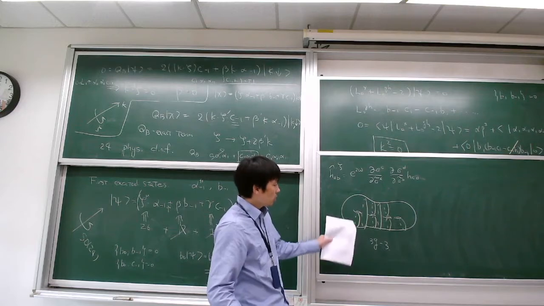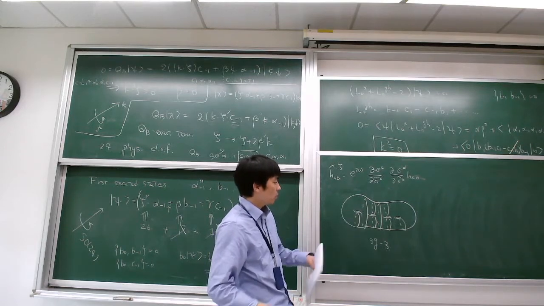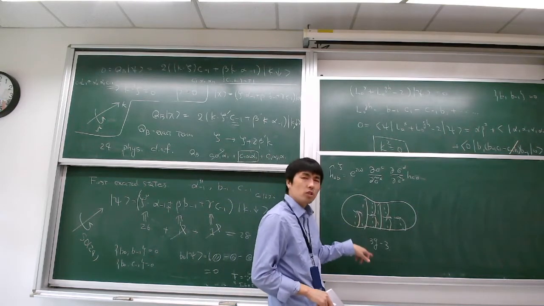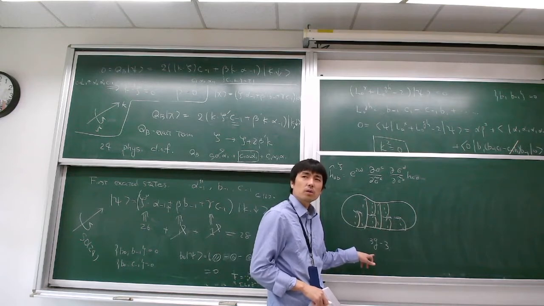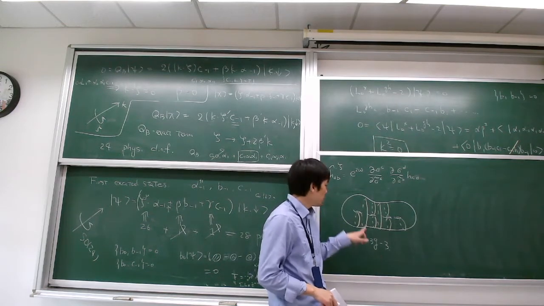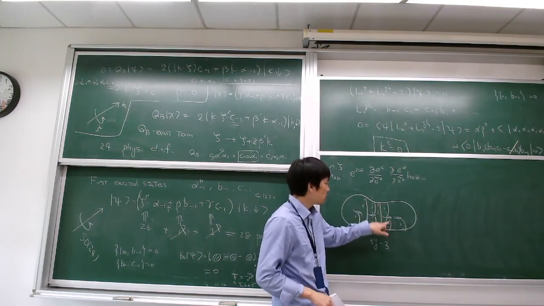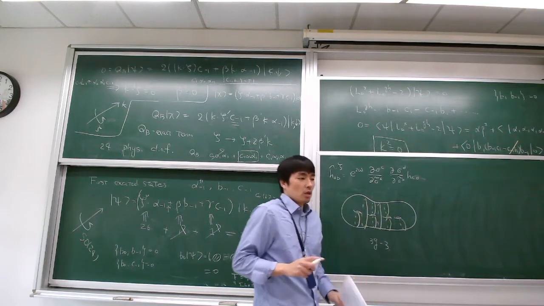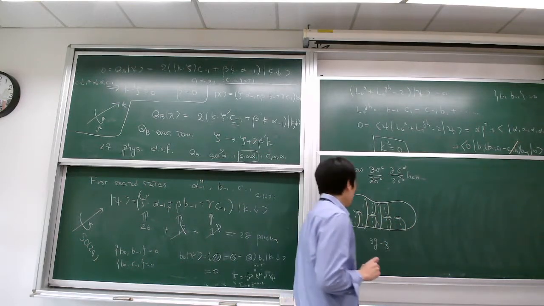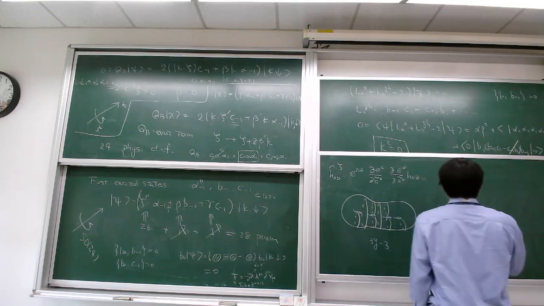This is a Riemann surface of genus 4, so it should be 12 minus 3, which is 9. 1, 2, 3, 4, 5, 6, 7, 9, right? So then you get the pants decomposition.